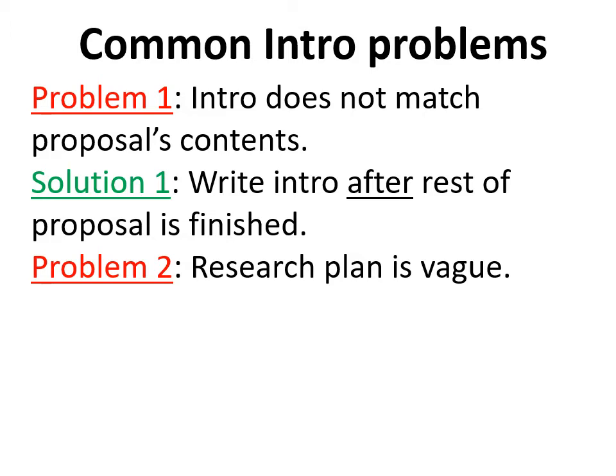It's not clear how those data that are being collected help answer the research question, and it's not clear how the population or sample are being identified. It's not clear what the sampling procedure is. It's not clear how the data are being analyzed. Any number of those feed into an overall vague research plan.